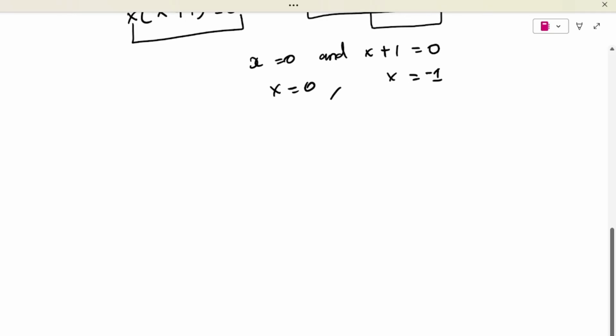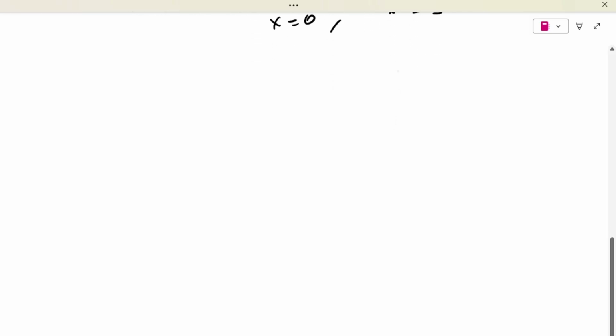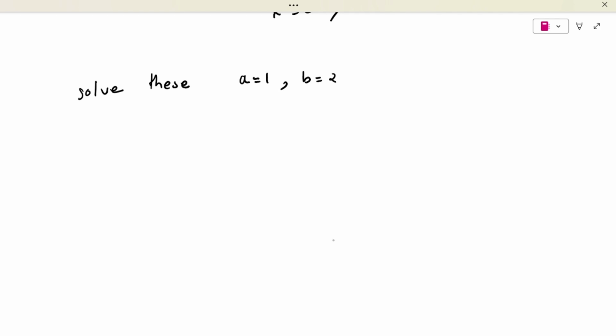If we go into another substitution equation, solve these equations. A is equal to 1, B is equal to 2, C is equal to 3. So A, let's just say 1, let's not confuse.